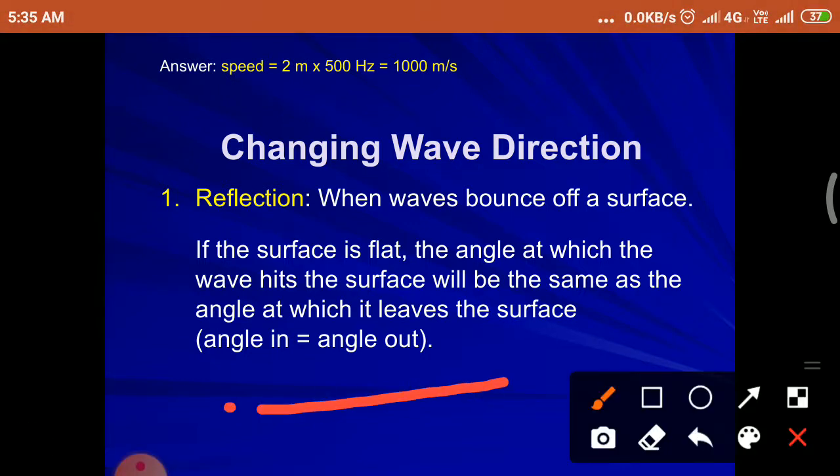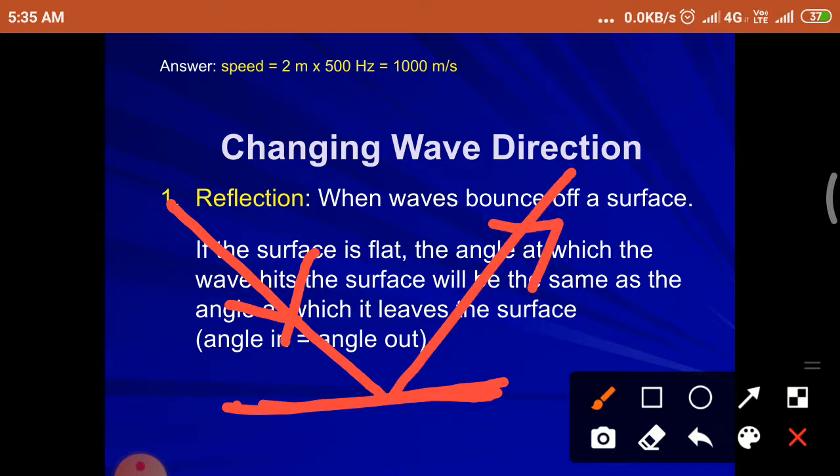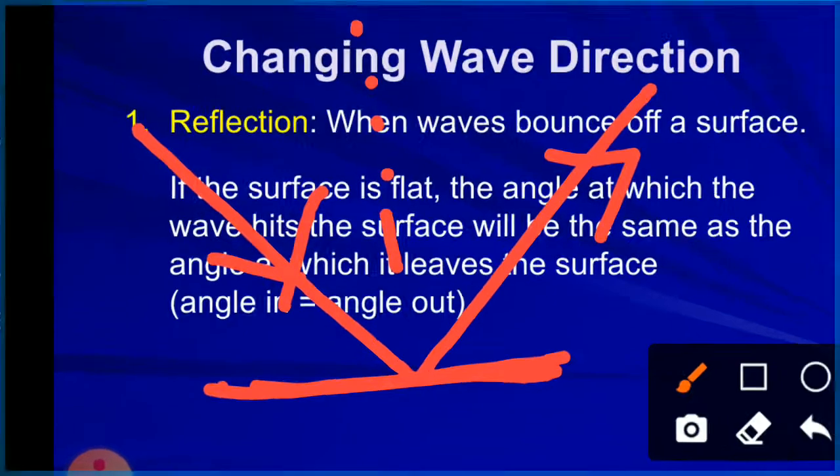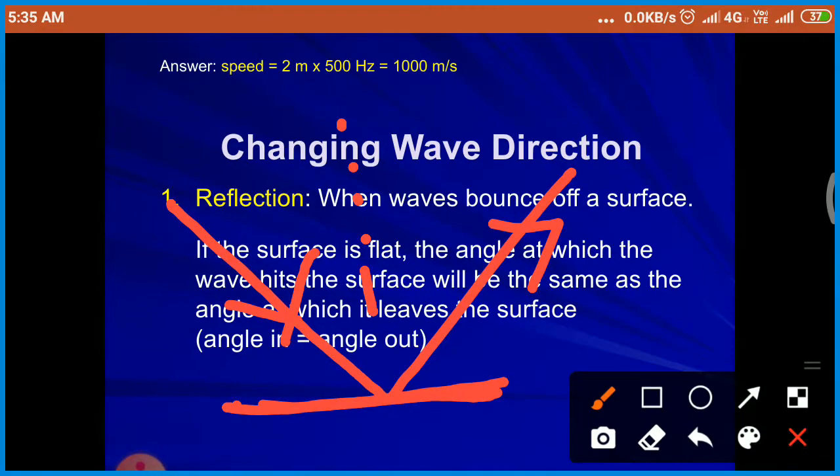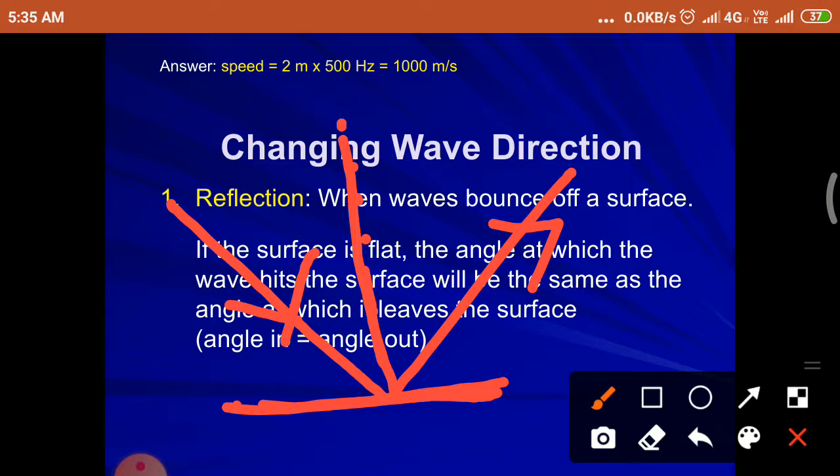If the surface is flat and smooth, the wave falls on the surface and reflects, and due to that it changes its direction. This is the normal line. This is the angle of incidence. This is the angle of reflection.